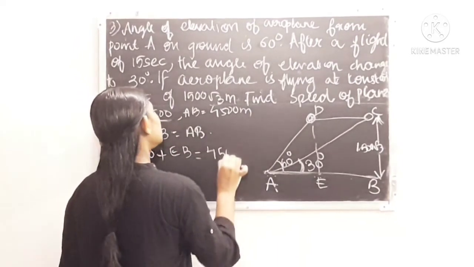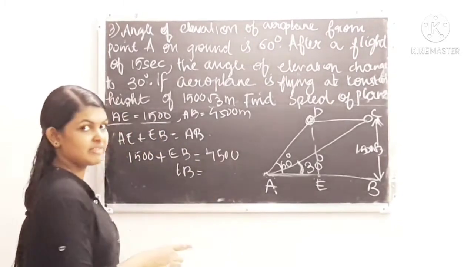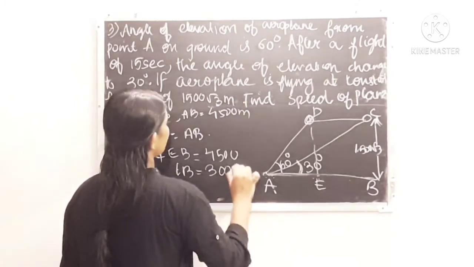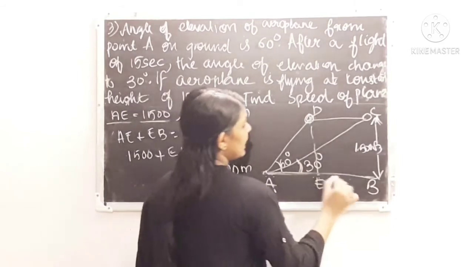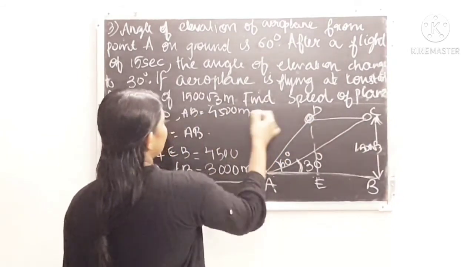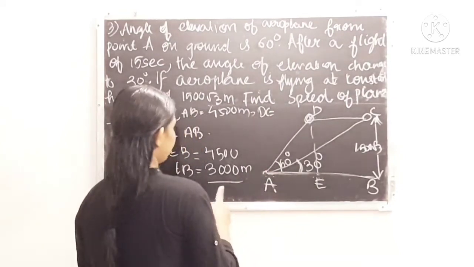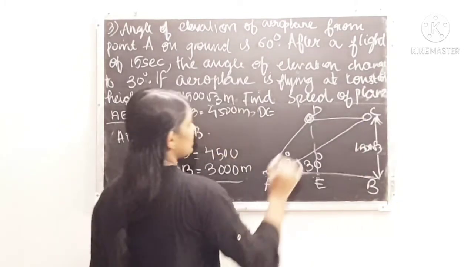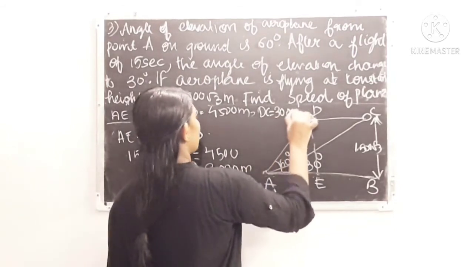So we can write that EB will be equal to 4500 minus 1500, which is equal to 3000 meters. So we got the value of EB. Now we can observe that the length of EB will be equal to the length of DC. So DC is equal to 3000 meters.